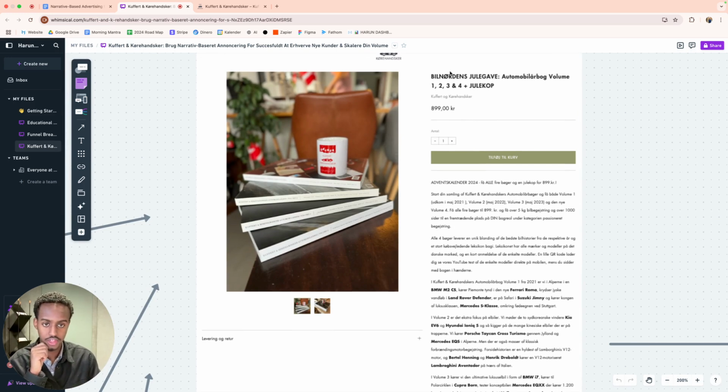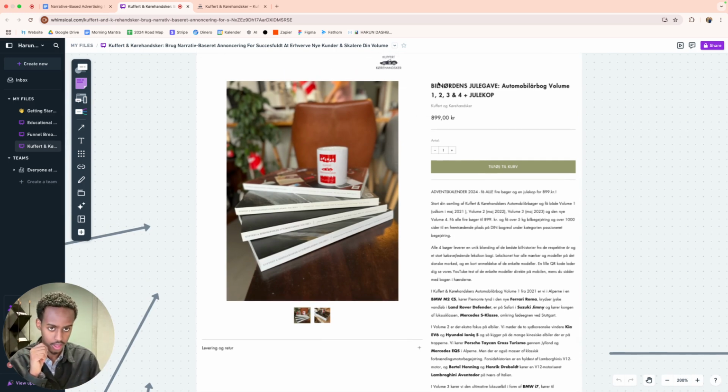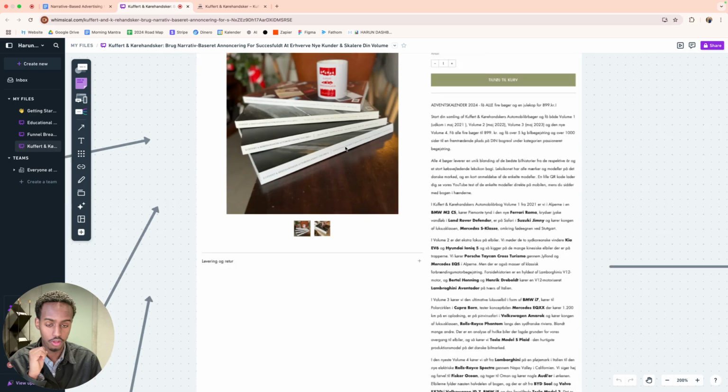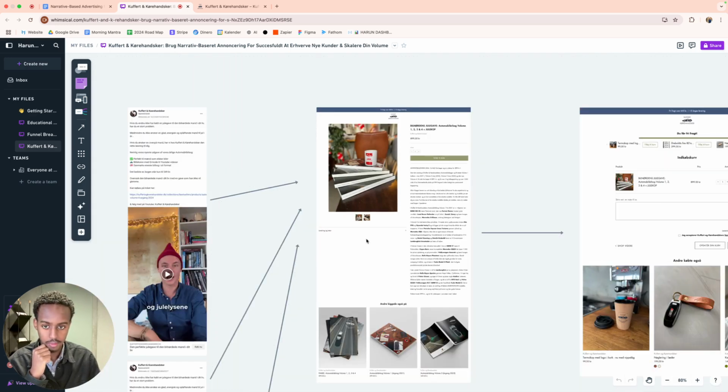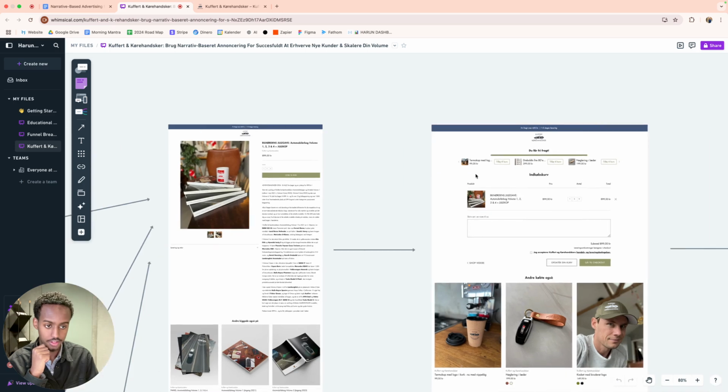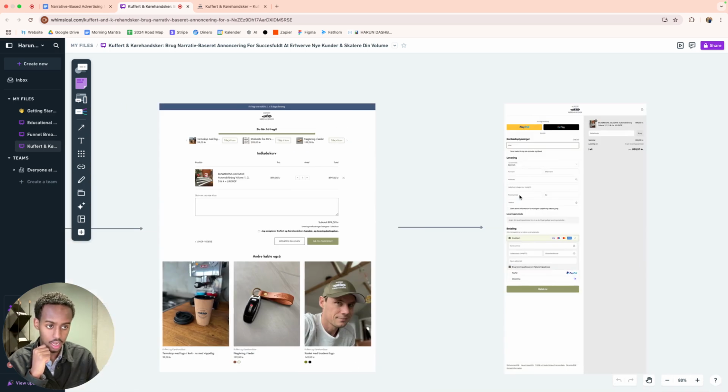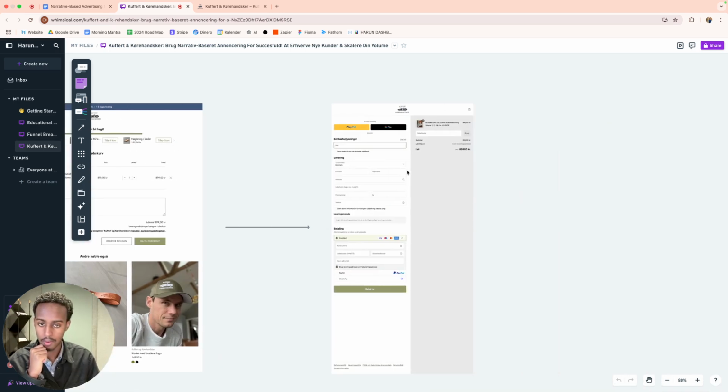So you can essentially see that landing page says, if I translate it to English, the perfect Christmas gift for the man who loves cars, and essentially just a bundle of products to increase the average order value. And yeah, you can essentially see how we are keeping the same narrative cohesively from the ad to the landing pages, and again when they essentially check out, and lastly purchase our product.